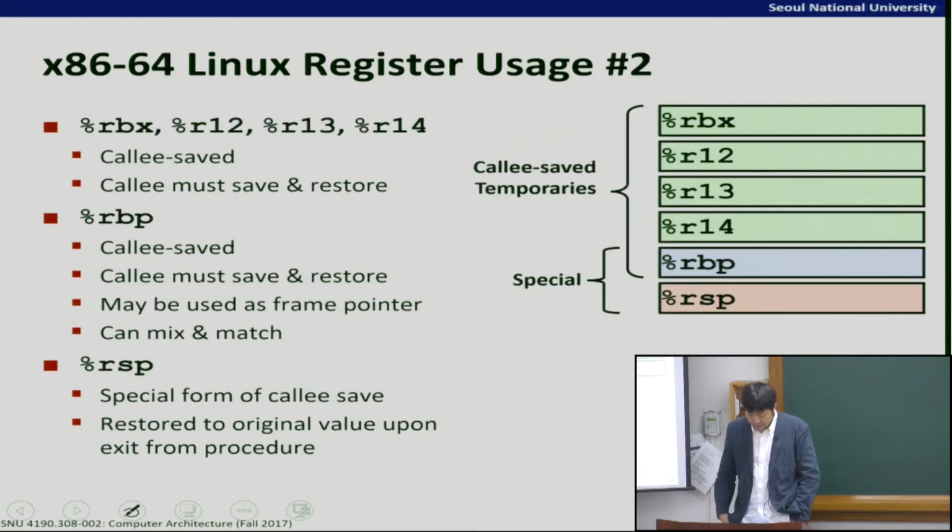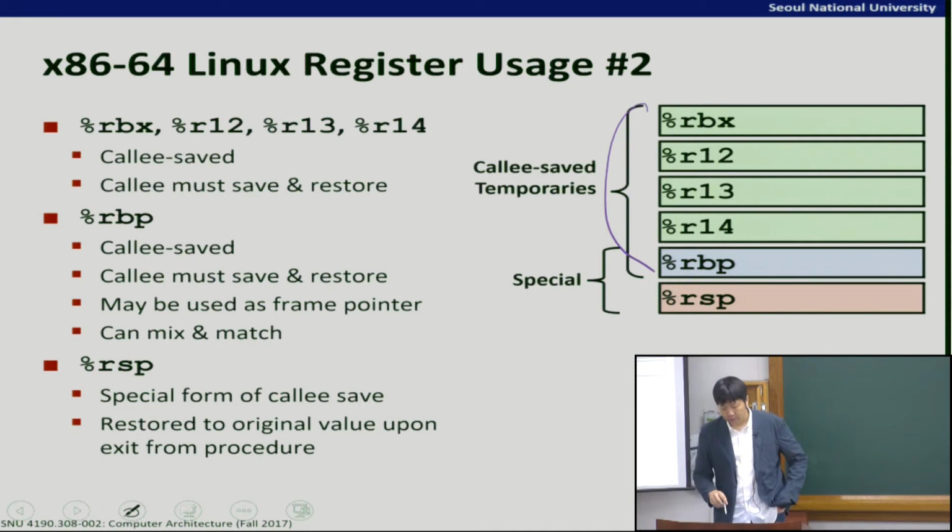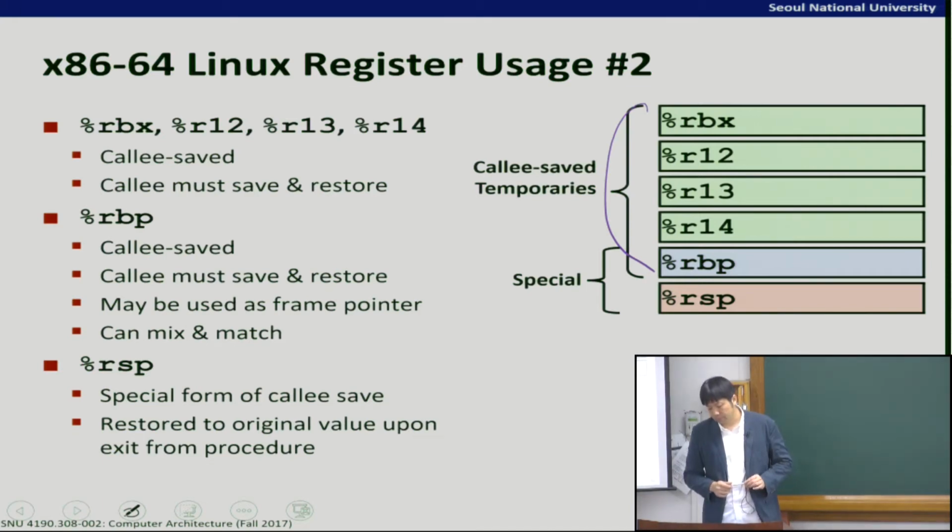In contrast, RBX, R12 through R14, RBP, RSP, those registers are callee saved registers. In other words, the caller expects those registers will not be broken across a function call.